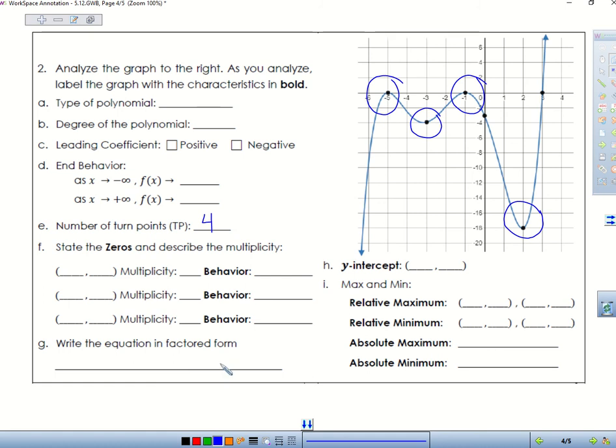If you have a cubic 0, like where it has that cubic shape, that counts as 2 turning points. I just want to let you know that that counts as 2 because they're a little bit hard to see. But here we have very easily, you can see we have 4, which means the degree of the polynomial is 5. Which is quintic. Very good.